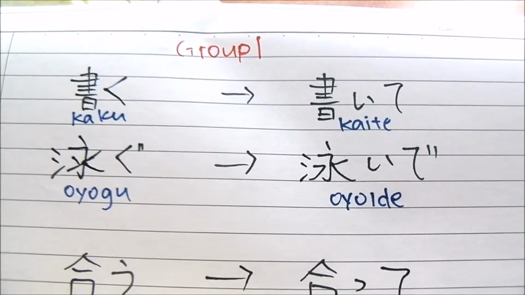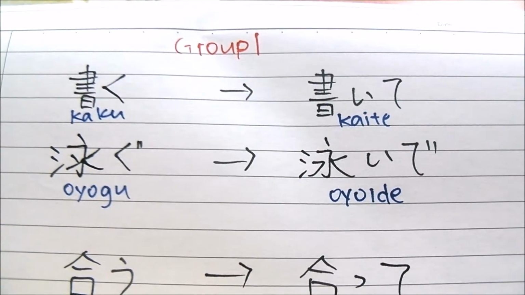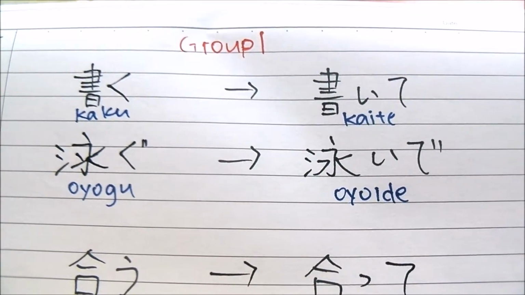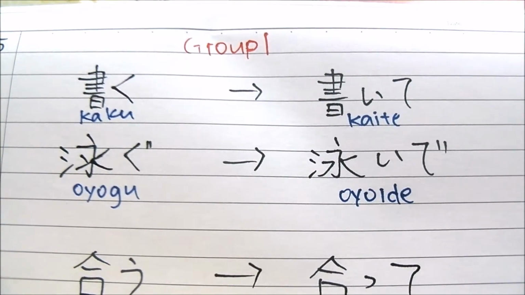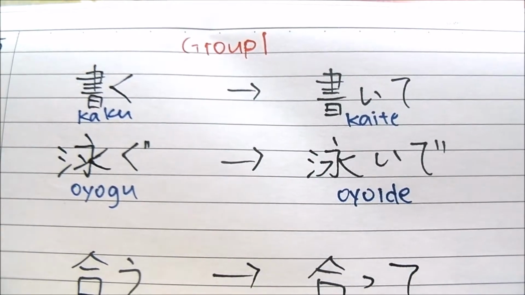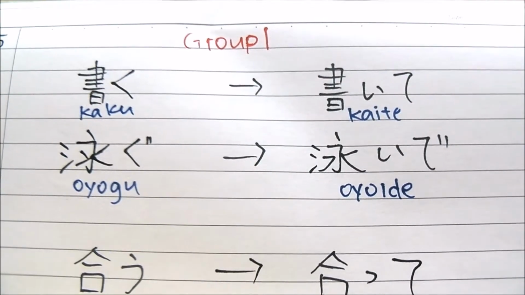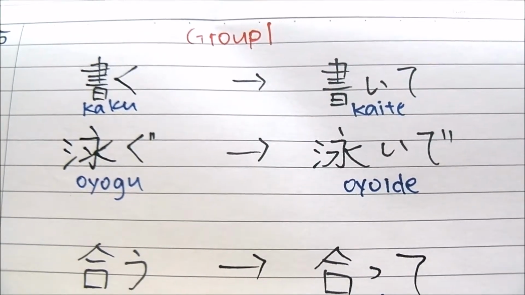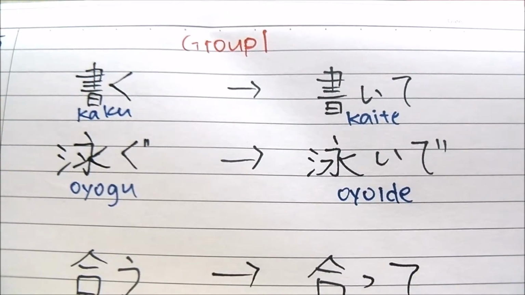Maybe we look at kaku first. Kaku means to write. Anything that ends with ku will become ite, so it becomes kaite. As for how you know or memorize, is there a trick, or do you just memorize it? I'll say it's purely memorization. The only trick I can show you is, for example, oyogu.